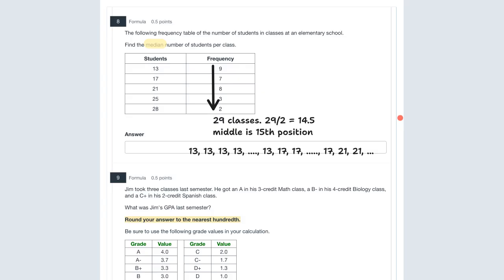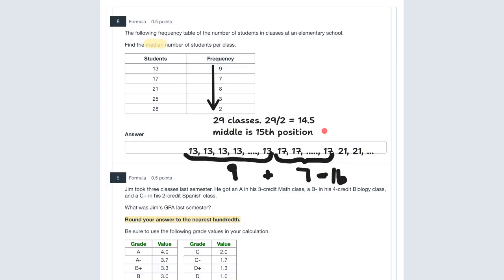What I need to note is there are, right here, there are 9 here, and there are 7 of these. So 9 plus 7 is 16.